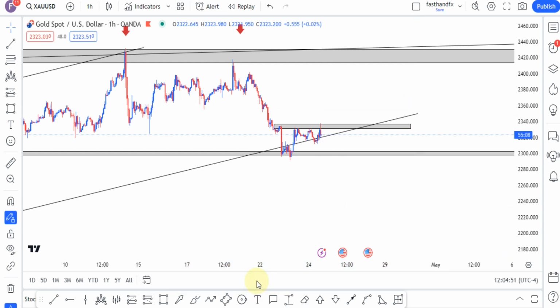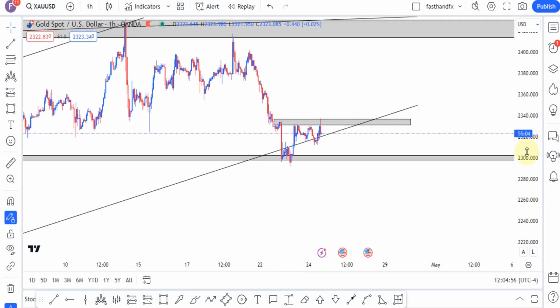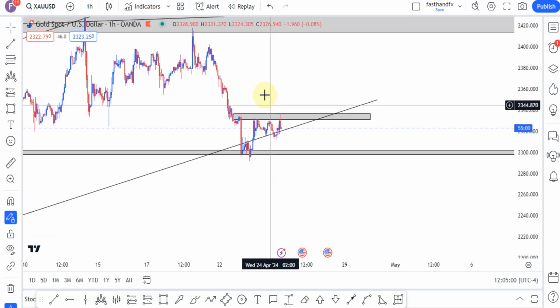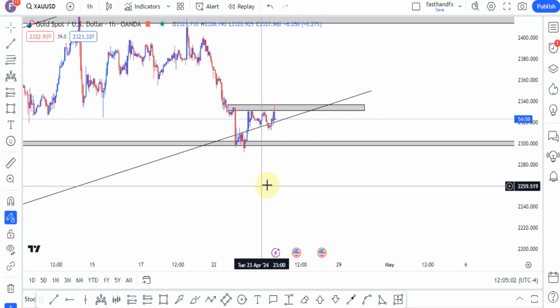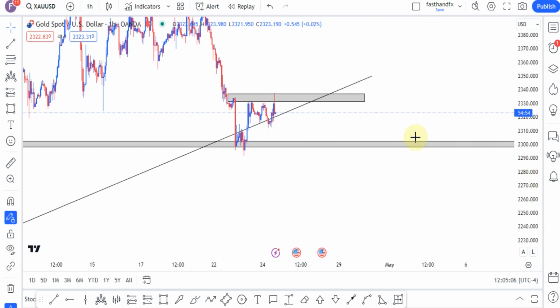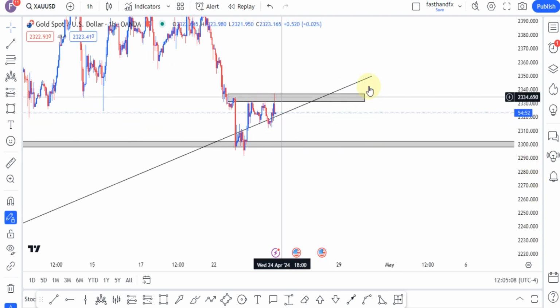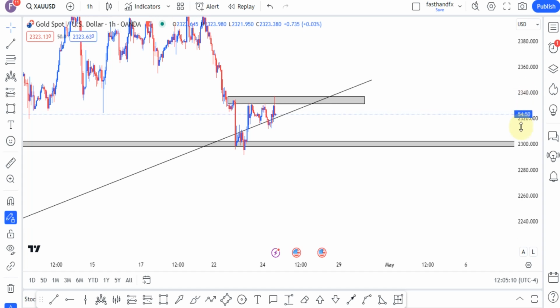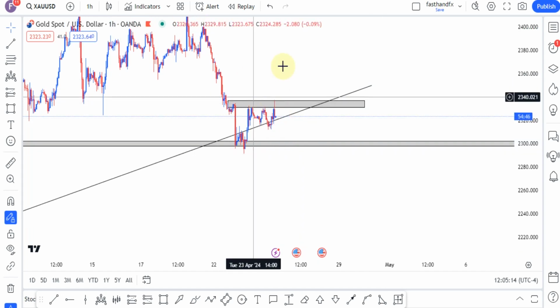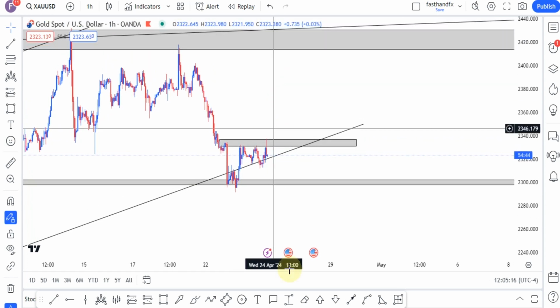So at the moment there are no entries you can take, because we don't see any clear pattern or reason to go into the market. We'll just wait and see if the market will break above this area right here, and then we'll take our entry at this point.